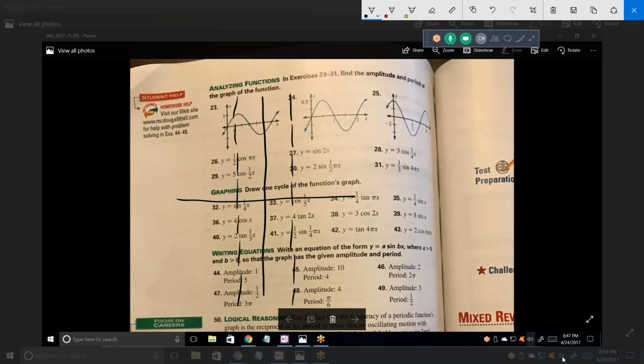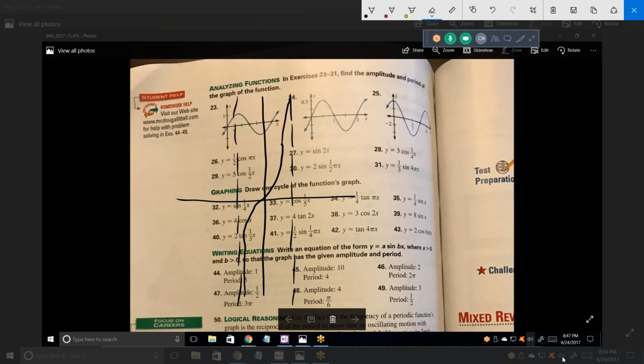And this is just one period of tangent. It's always increasing from negative infinity to positive infinity, never quite touching those asymptotes. If I wanted another period of the tangent, I would draw another asymptote. That thing goes like that, okay? But we don't need 2 periods, we just need 1.